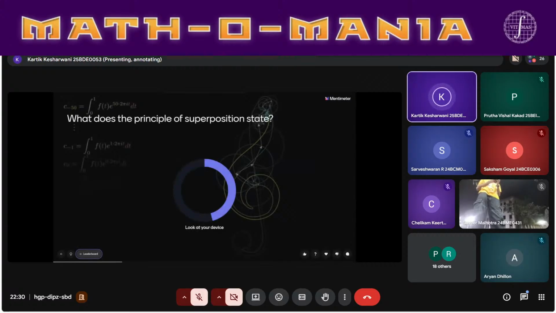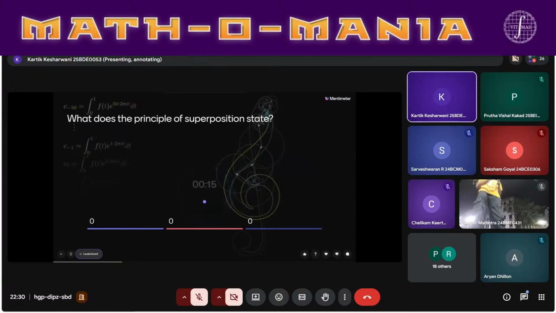What does the principle of superposition state? Signals cannot be combined. Complex waves can be formed by adding simple waves. Only sine waves can exist.